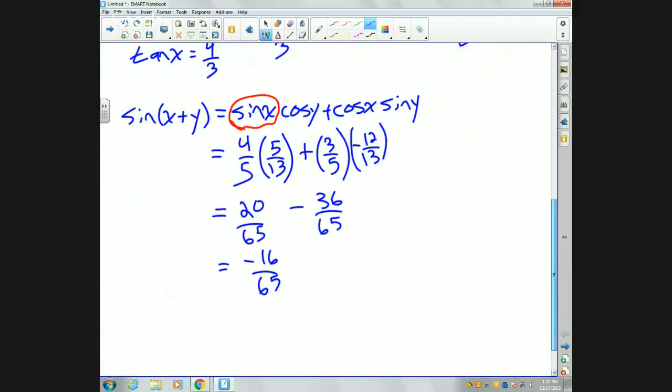Question number 5 says to explain how to evaluate the cos of 2a if you know the value of sine a. Some of you said, just take cos 2a, replace it with cos squared a minus sine squared a, and plug in the values.